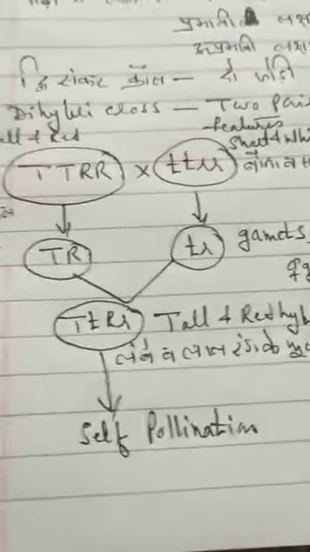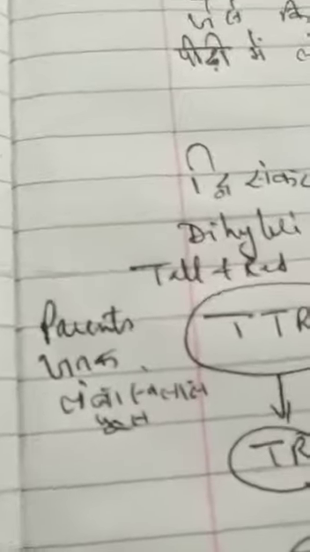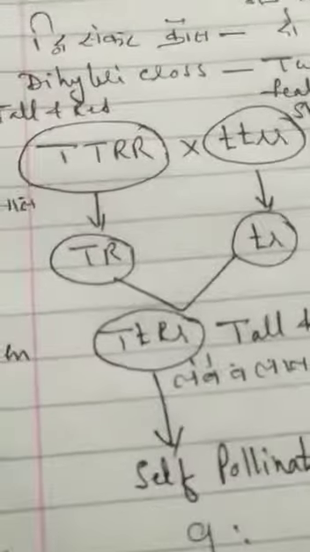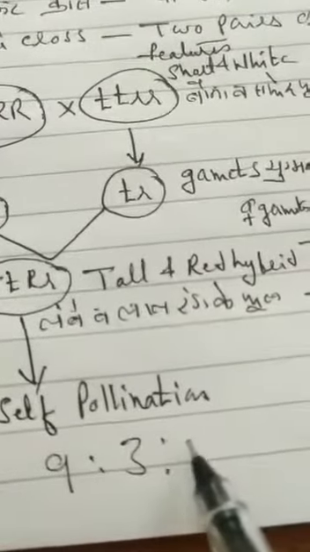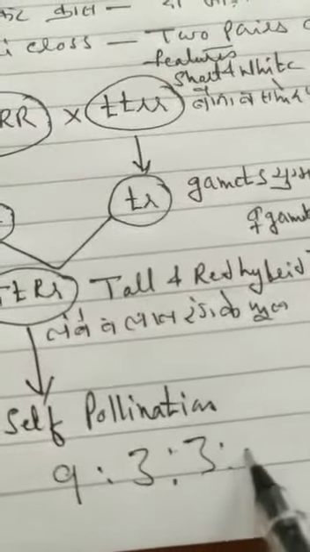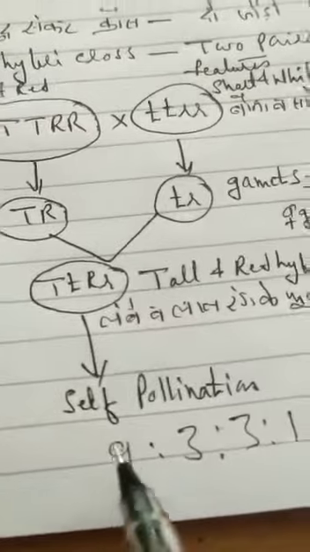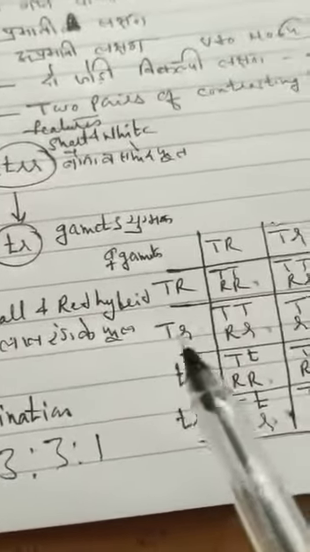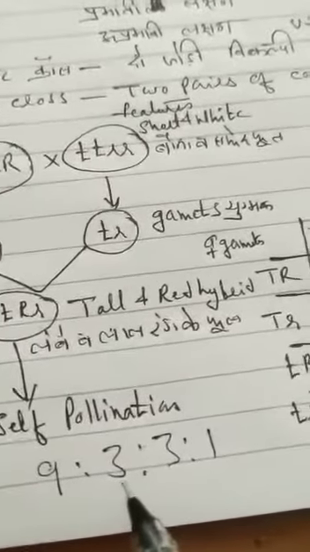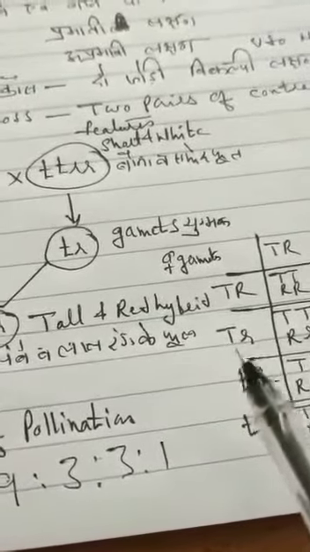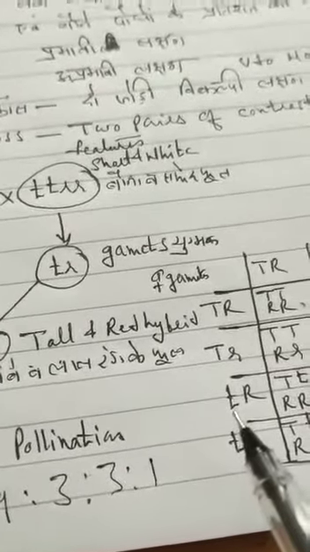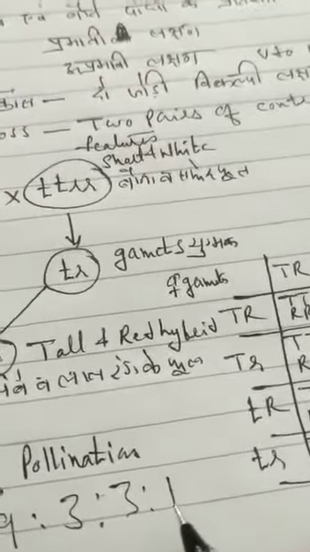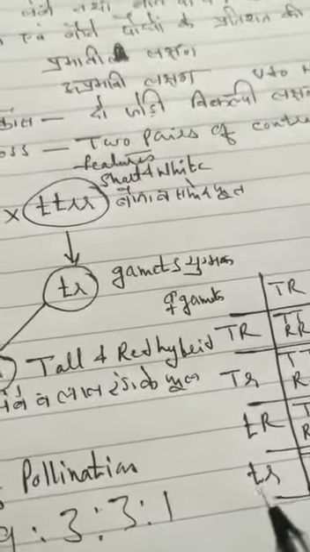You will get a phenotypic ratio of 9:3:3:1. It means 9 plants will be tall and red, 3 plants will be tall and white, 3 plants will be dwarf and red, and 1 plant will be dwarf and white.